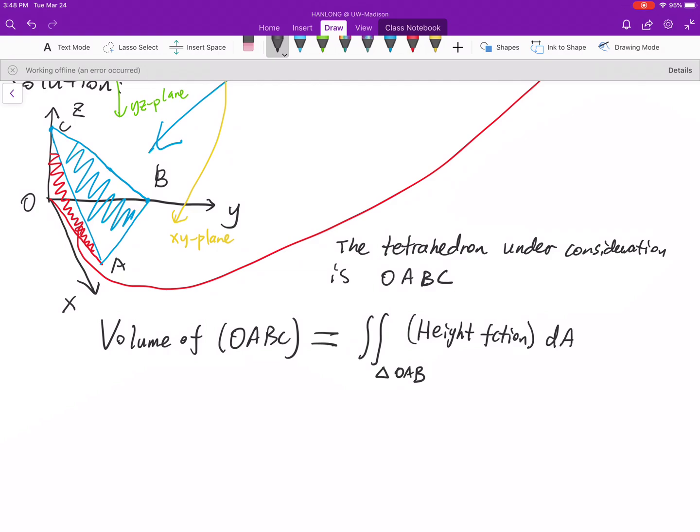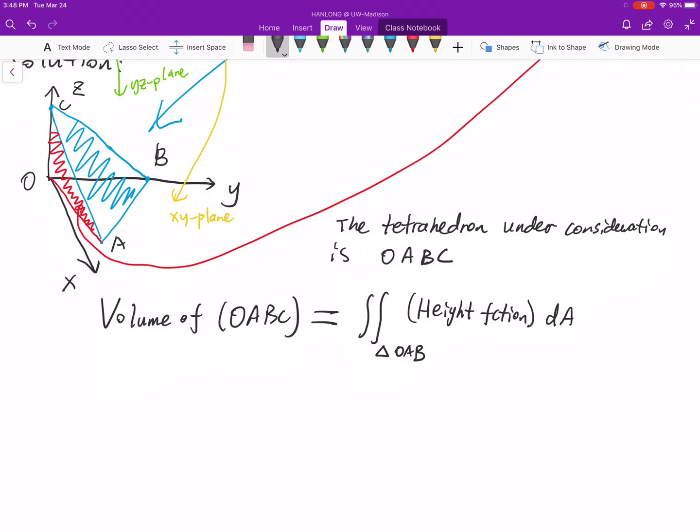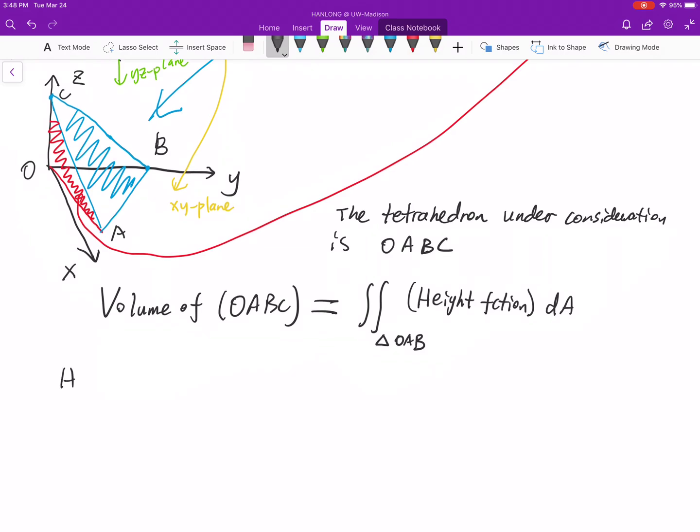Here you project the tetrahedron down to OAB, and then you view this as just like a cylinder, but not exactly a cylinder. First, let's figure out what the height function is.